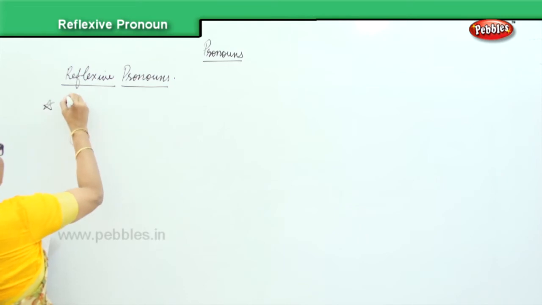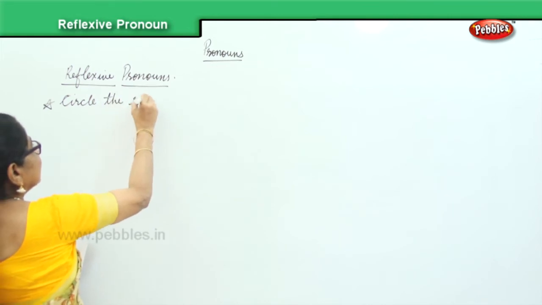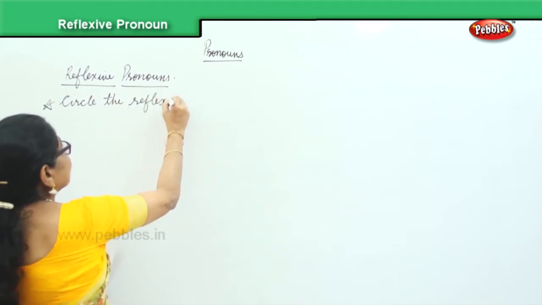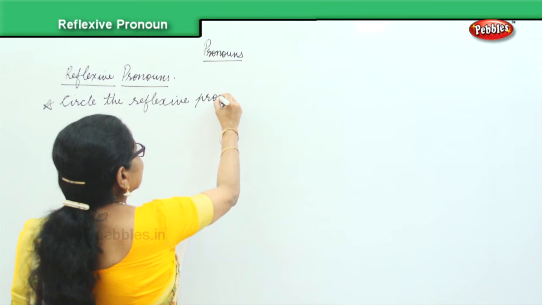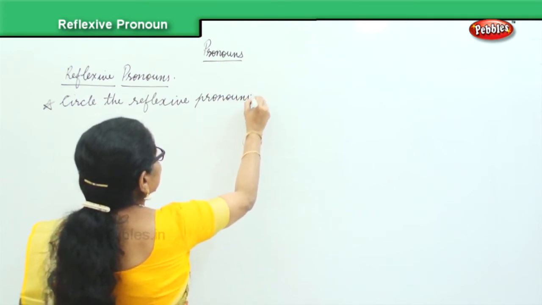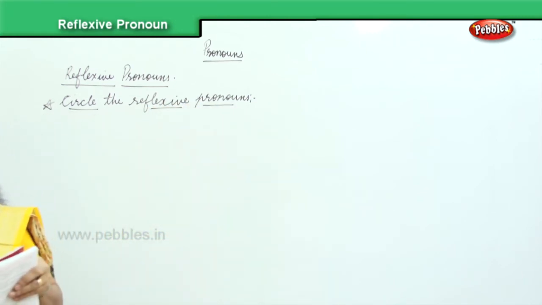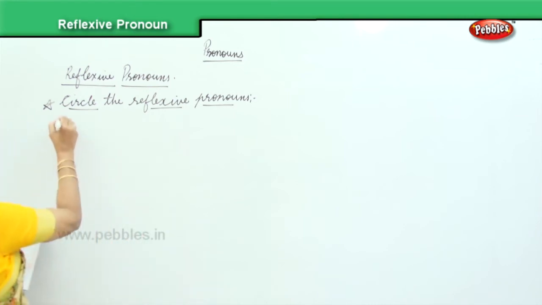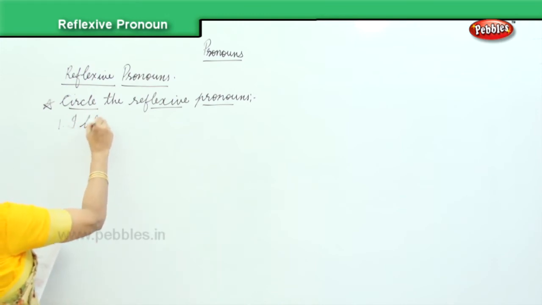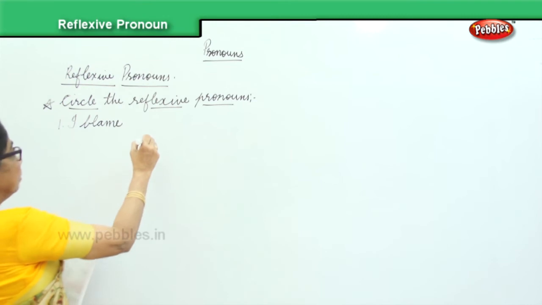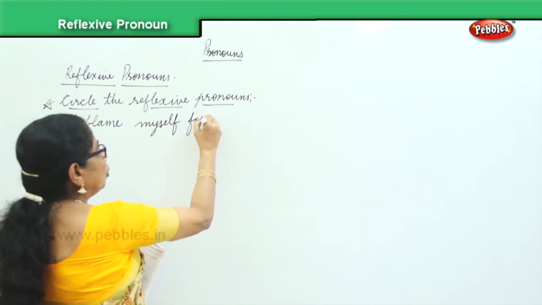Circle the reflexive pronouns. First one, I blame myself for it.